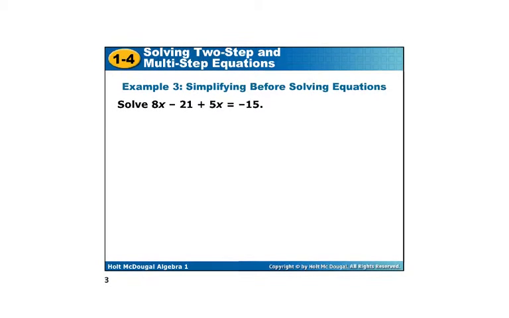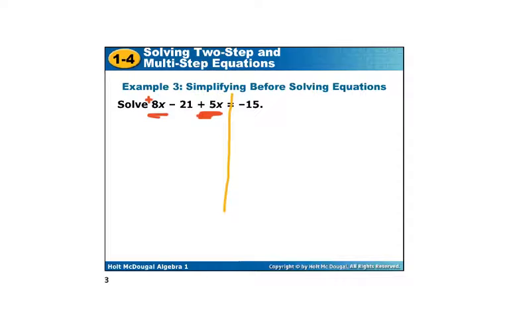So here's our first example, and if you draw the line at the equals sign, you can see that on the left side there's an 8x and a 5x. Double check that the 5 is a positive, and the 8 is a positive as well. We're going to put those two pieces together.